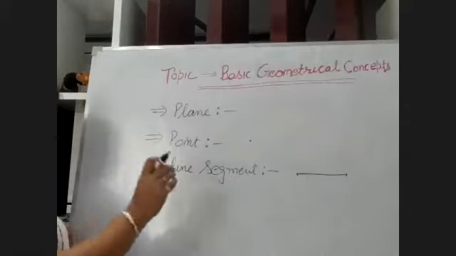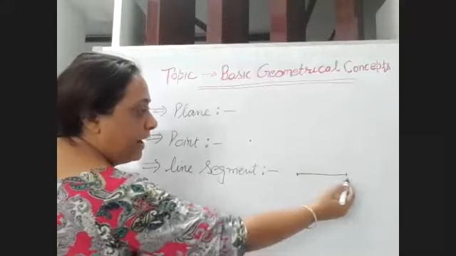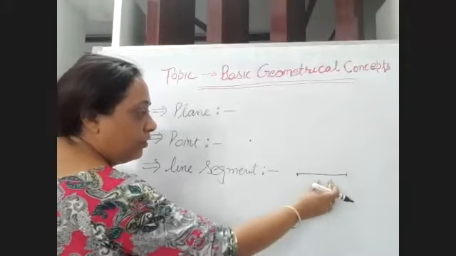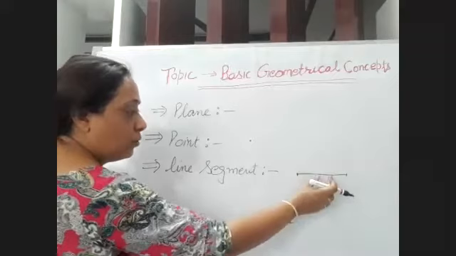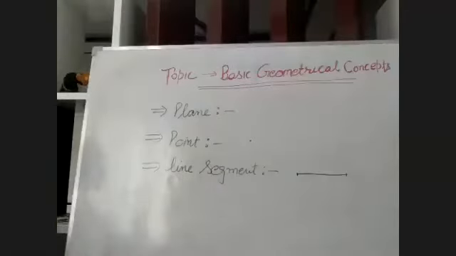With the help of a scale, draw a line and mark 2 points: an initial point and an end point. And we know the length of this line. So these types of lines are known as line segments.